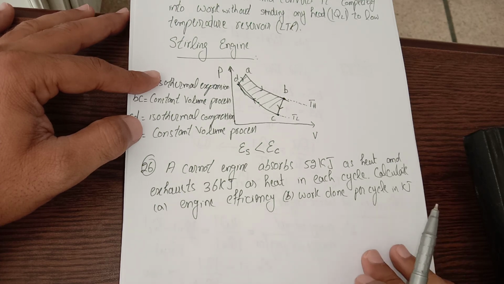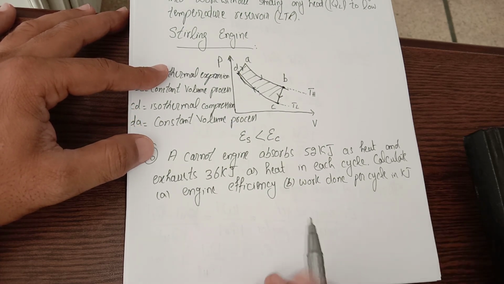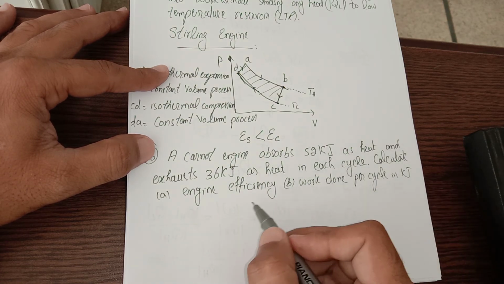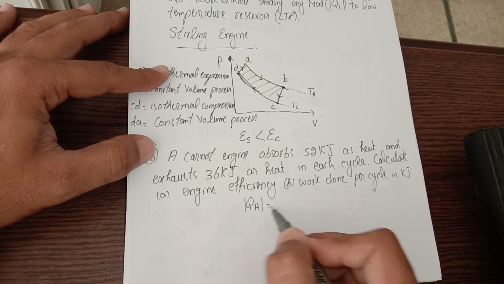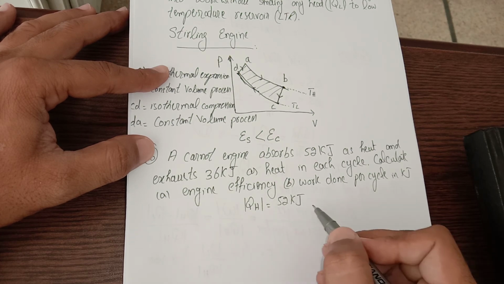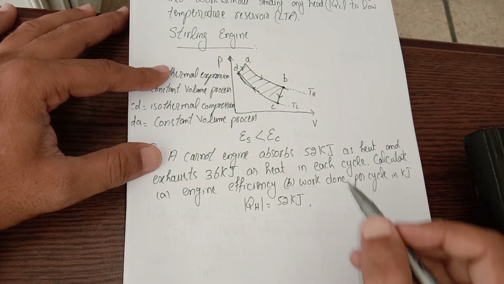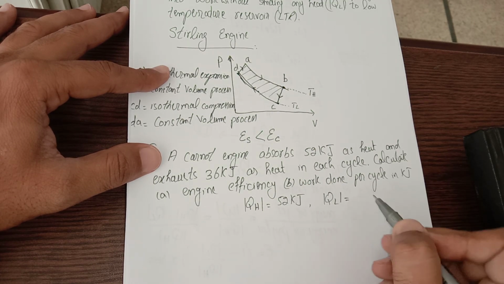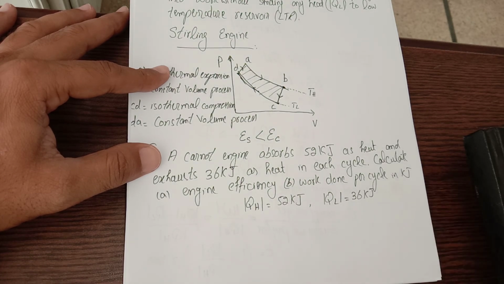Calculate the engine's efficiency and the work done per cycle in kilojoule. First, since it absorbs 52 kilojoule, QH should be equal to 52 kilojoule, and it exhausts 36 kilojoules as heat, so QL should be equal to 36 kilojoule.